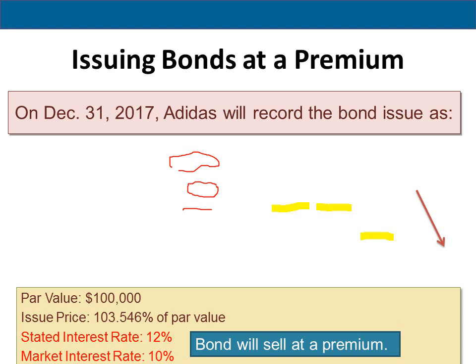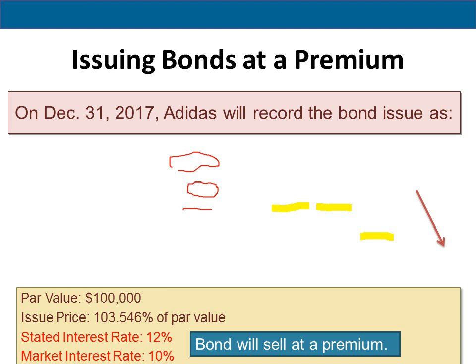So these 12% bonds of Adidas company are very attractive in the market, because the market offers an interest rate on any other bond of only 10%. This means that Adidas company offers a rate of return, or will pay interest expense, equal to 12%, while any other bond in the market will only pay interest expense of 10%. So these bonds are very attractive in the market.